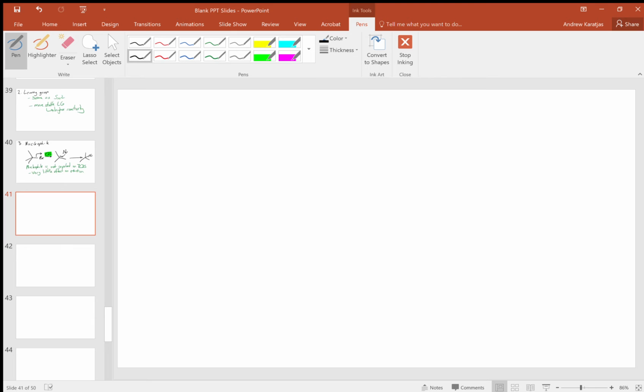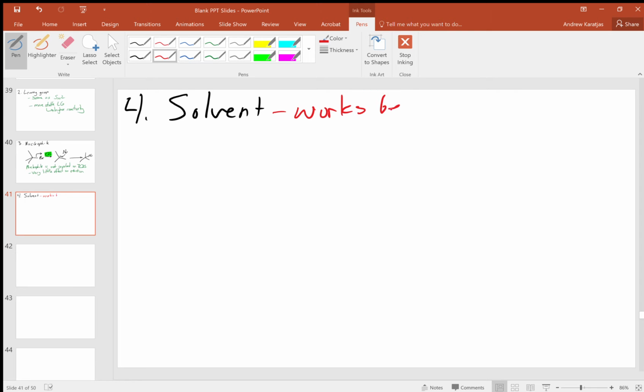Our final effect to consider is the solvent. So an SN1 reaction works best with polar protic solvents. So recall that these are things like ethanol or alcohols in general, as well as water.